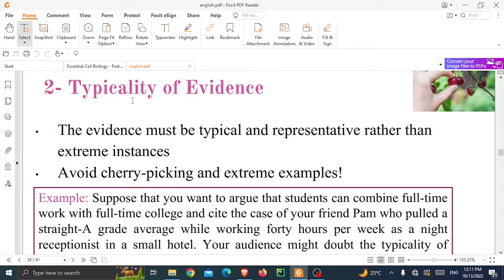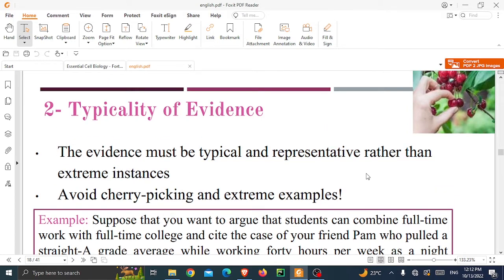We have the second thing in the STAR criteria, which is the typicality of evidence. Typicality of evidence means the evidence must be typical and representative rather than extreme instances, because some people prefer to do something like this picture here. It's called cherry picking. They pick certain situations that happened very rarely or to very few people, and say, oh yes, this is very good evidence, use it.